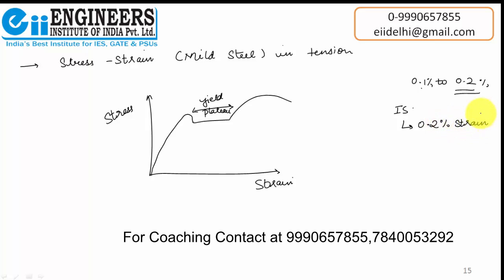Due to this yield plateau, this diagram becomes a bit more complex. So we generally normalize this curve, and what we do is that till this portion we take the same, and after that we take a straight line just for normalizing. Okay, this is the normalizing of a curve.